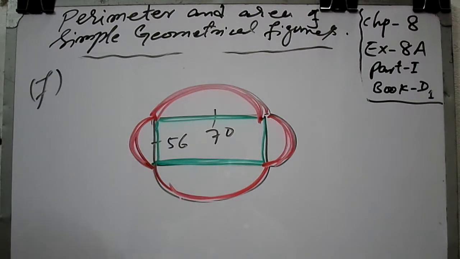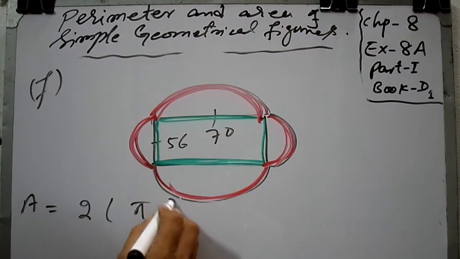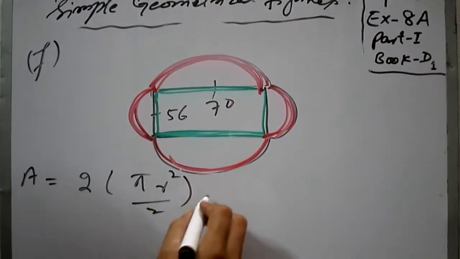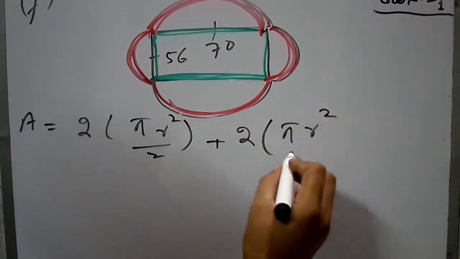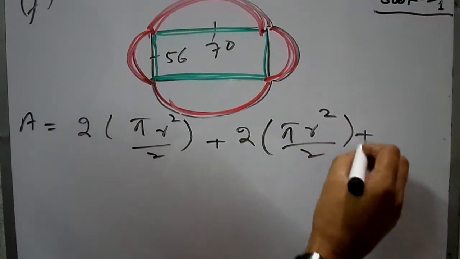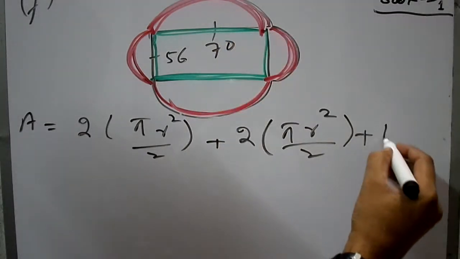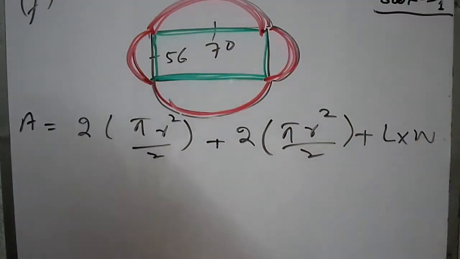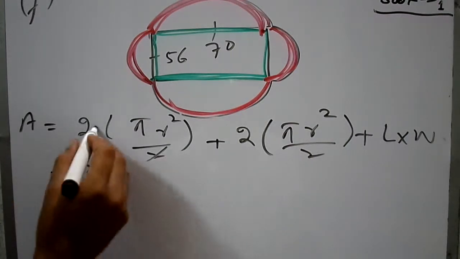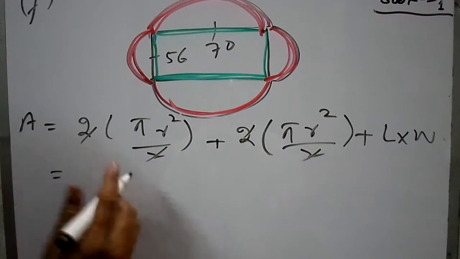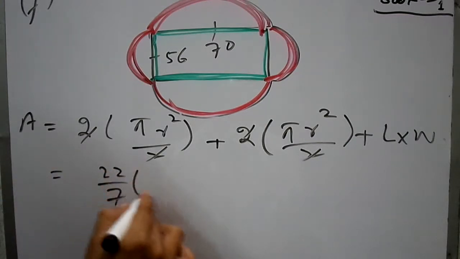So what is the formula of area? You can find the area is equal to, as you see in the figure, twice pi r square by 2 for the 2 small semicircles, plus 2 other bigger semicircles, but the formula will remain the same, plus the length and width of the rectangle. So putting the values, 2 will be cancelled, so you will get 22 by 7.